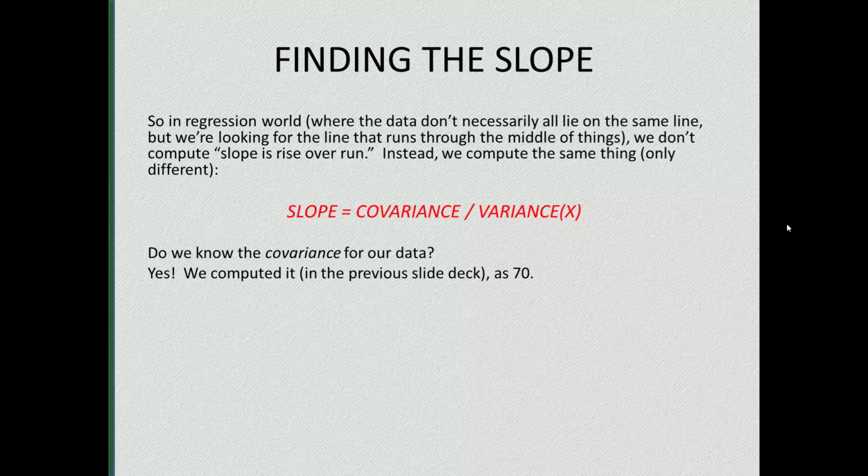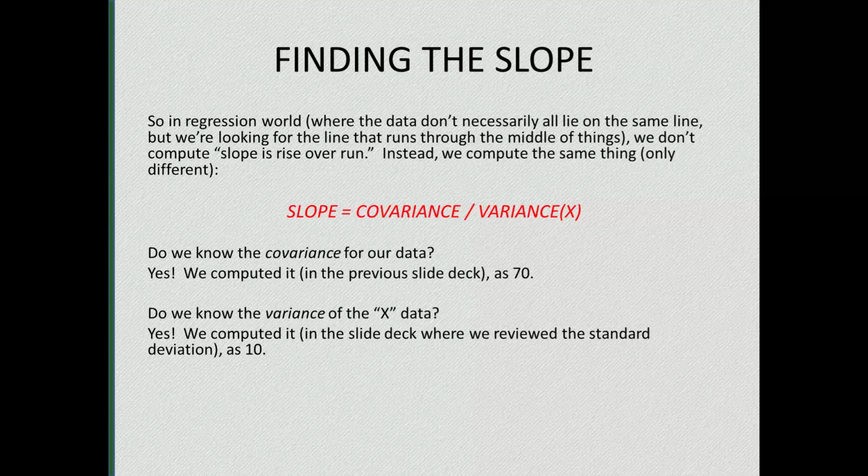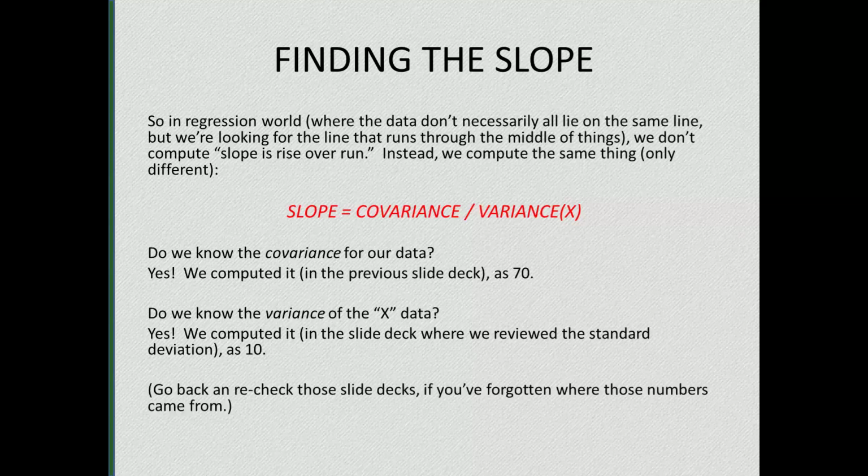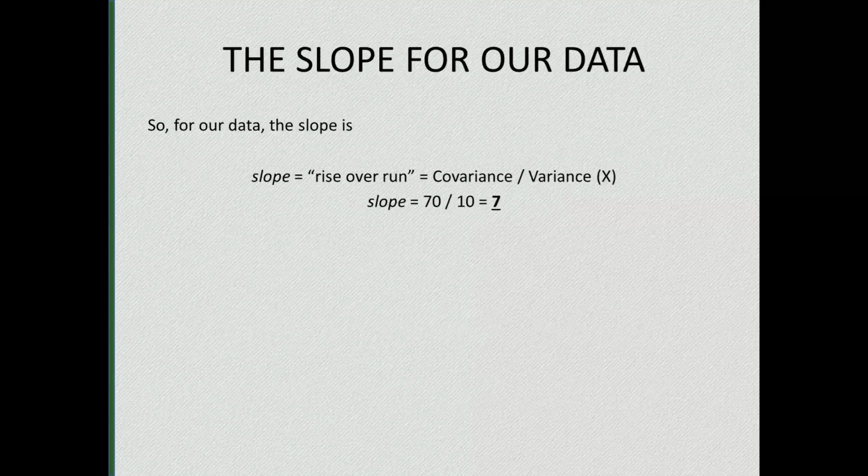Do we know the covariance for our data? Yeah, we just computed that in the previous example. Do we know the variance of the x's? Yeah, we computed that as well. And so our slope, rise over run, covariance over variance, is 7.